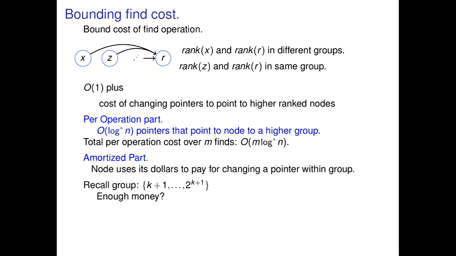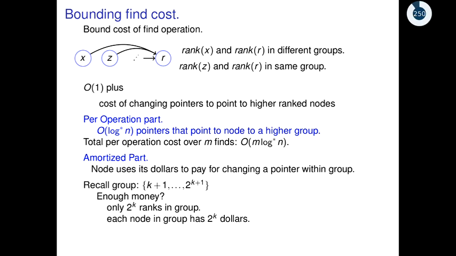Once you change your pointer to a higher rank, you can only change it to a yet higher rank. You can never change your pointer to a lower rank, because the ranks along these paths go up, and you're always going to an ancestor. So the number of times you can change your pointer and stay within the group is only 2 to the k. Well, I'm off by 1, but okay.